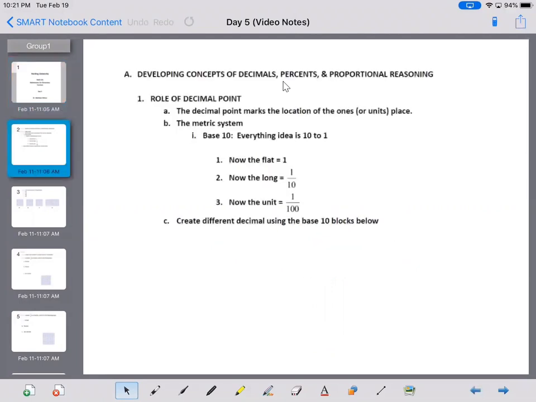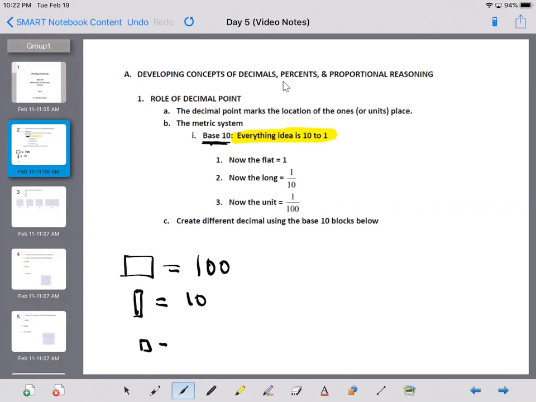So let's talk about what we know so far. Everything that we've worked with in regard to base 10 blocks, everything so far, a flat represented 100, a long represented 10, and a unit represented 1.